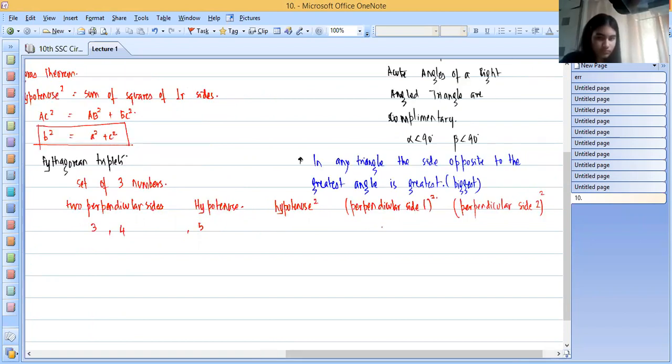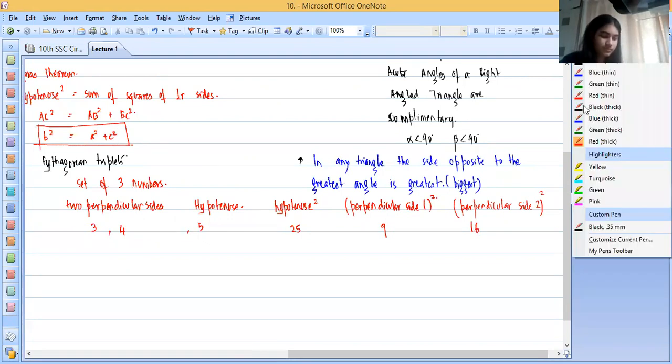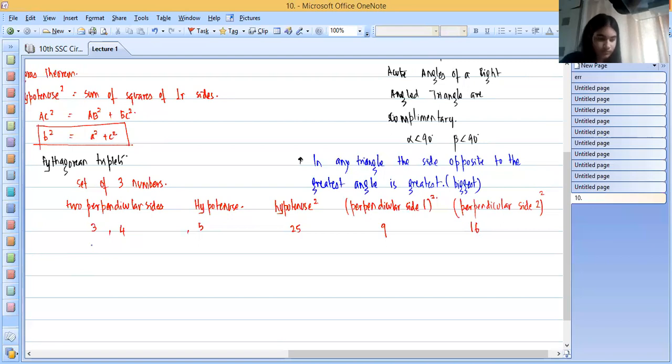So 3 square means 9, 4 square 16, hypotenuse square 25, and 9 plus 16 is 25. So this is a Pythagorean triplet. Then you have 5, 12, and 13. What is square of 13? 169. Square of 5? 25.